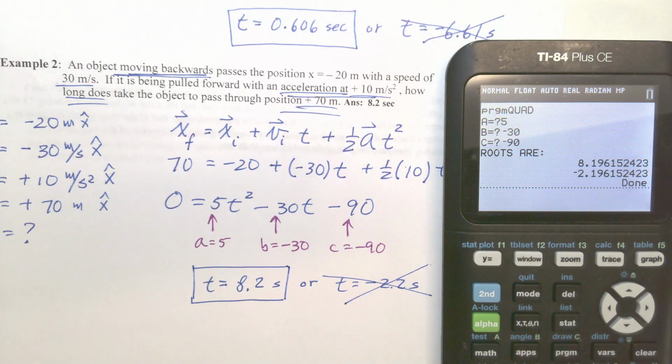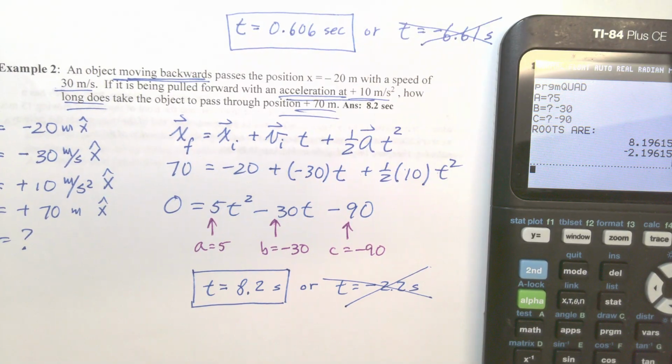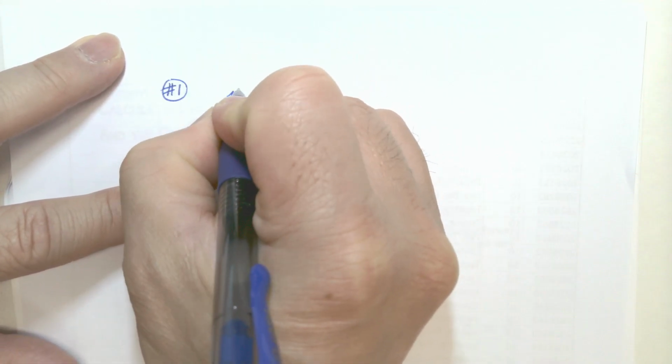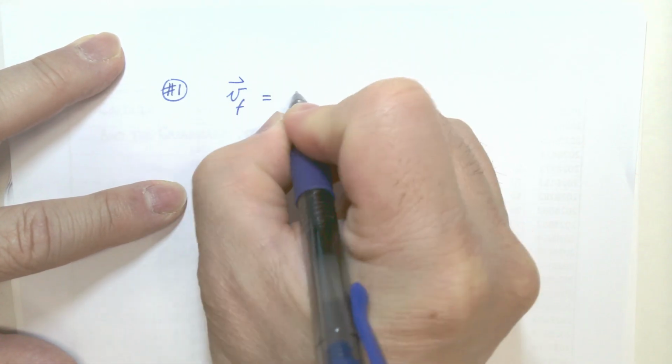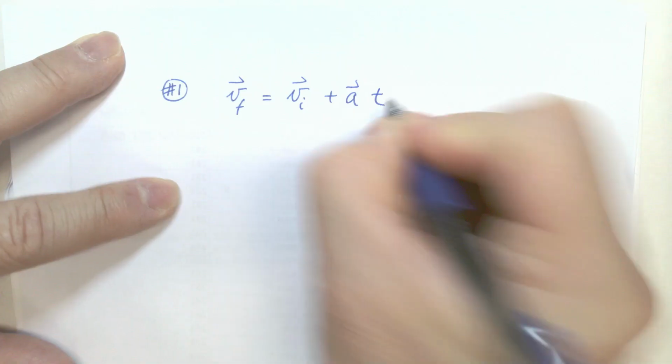Are we good? All right. If you were to think about the 4 equations that we have to use in constant acceleration motion: equation number 1 is simply VF equals VI plus AT.